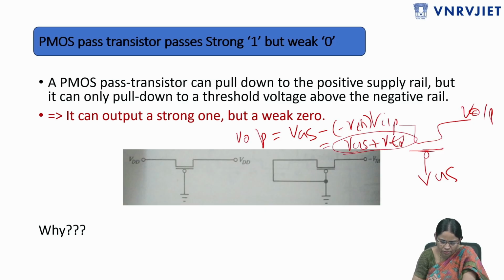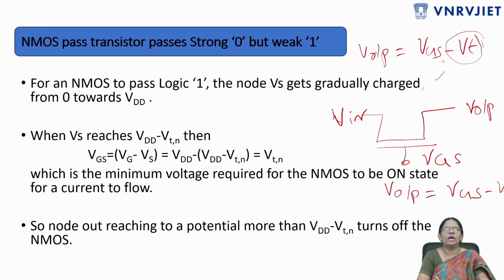Because of this condition, the output voltage is always greater than the input voltage you are giving, which causes a strong 1 but weak 0. So this is the justification for a strong 1 and weak 0 for the PMOS transistor, and a strong 0 and weak 1 for the NMOS transistor.